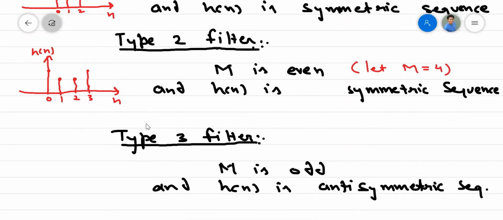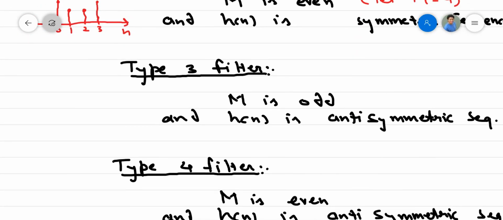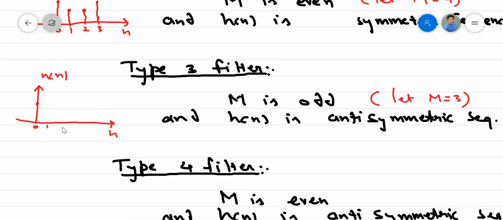Next is for type 3 filter. We want to see the sequences, right? In this case, same, let M be equal to 3. So we'll have n, h(n), 0, 1 and 2.